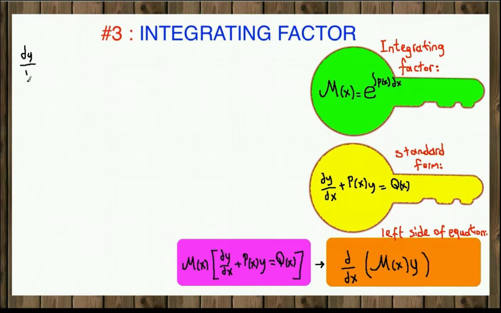Let's solve dy/dx plus y equals x. This function is not separable and it's not homogeneous. And it's in the form of dy over dx plus p of x times y equals q of x. If it is not in this form, we put it in this form.